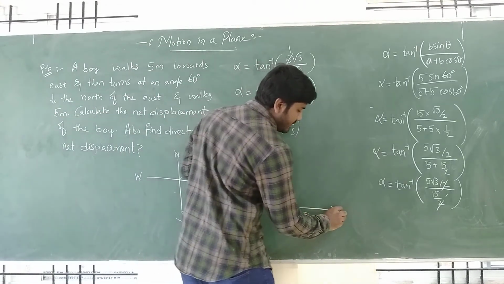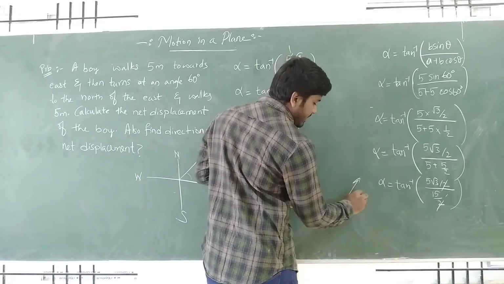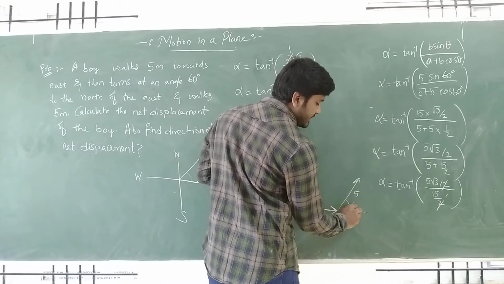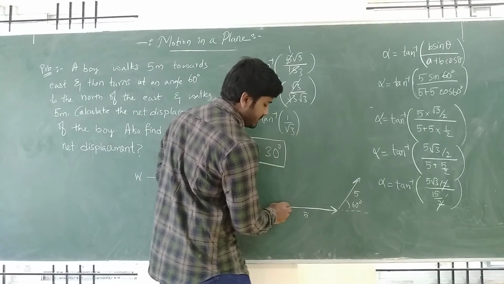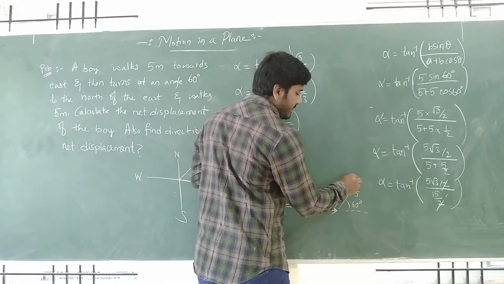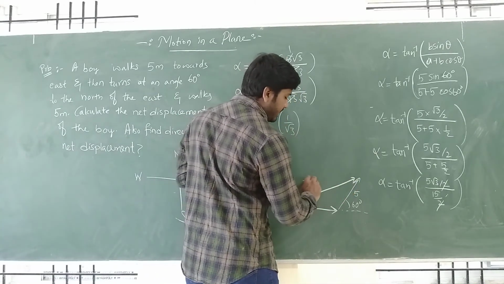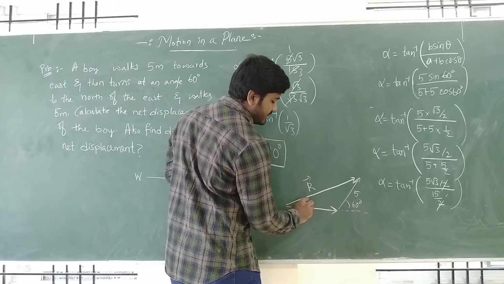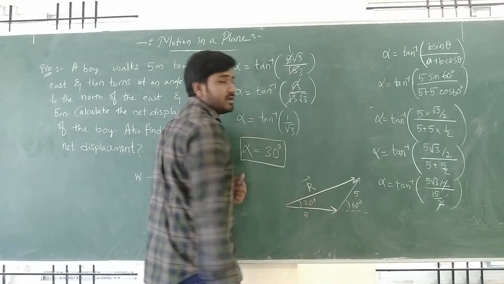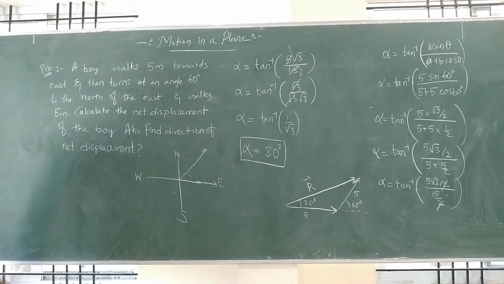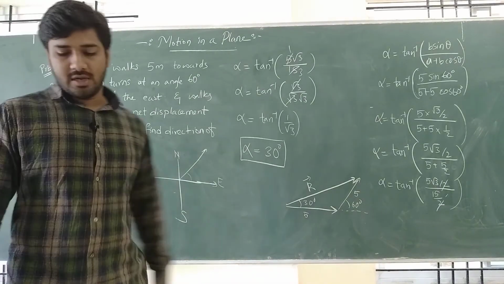This is P, this is Q, this angle was 60 degree, right? This is the resultant vector r. So this is alpha, and this angle is 30 degree. Okay, you got this? Very good.